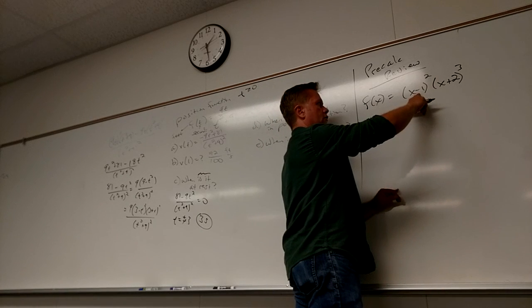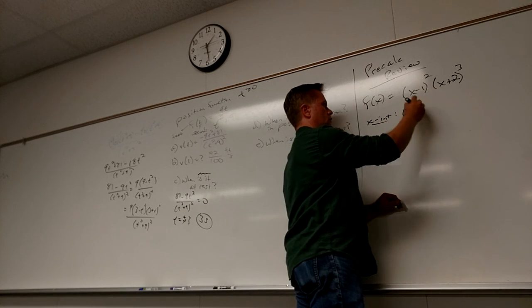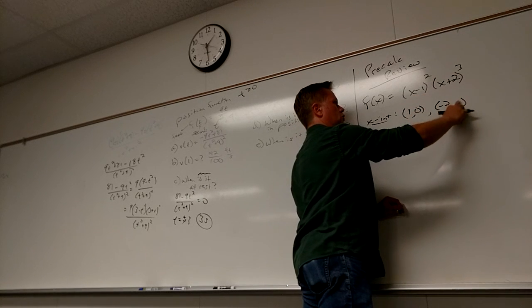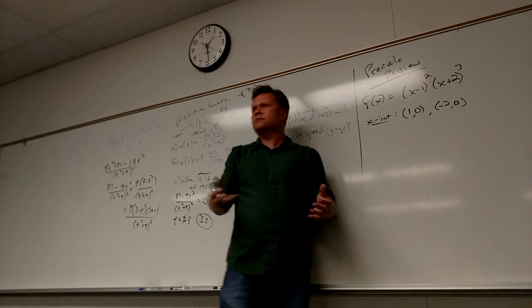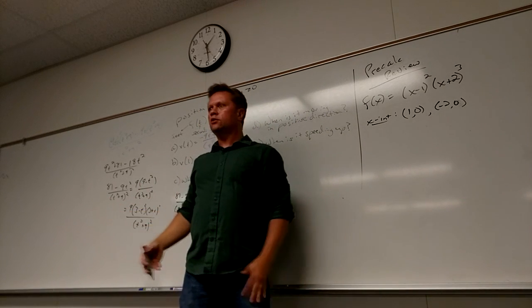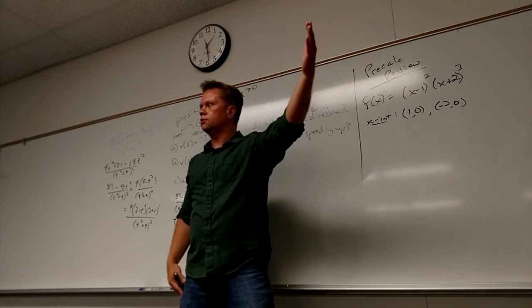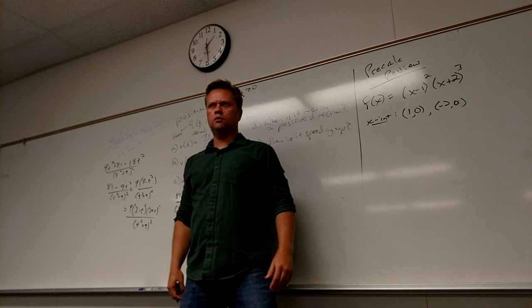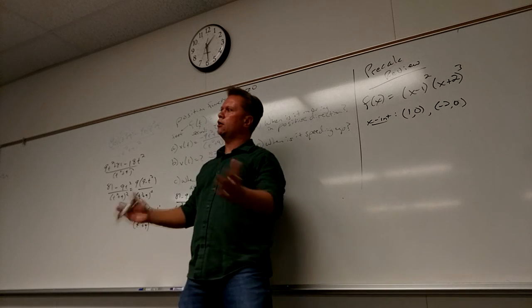And what makes this 0? Just one thing, 1. And what makes this 0? Negative 2. Doesn't matter that it's a cube. Do you understand? You still make x minus 2 zero by making x 2. I don't care what power you're raising it to next. Is that cool? It doesn't change what the intercept is just because I have a different power on the root part of it.